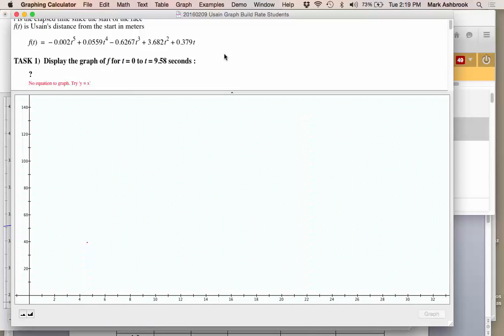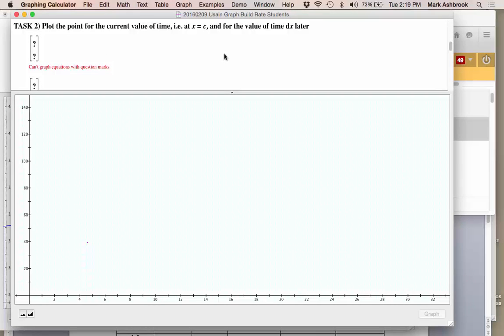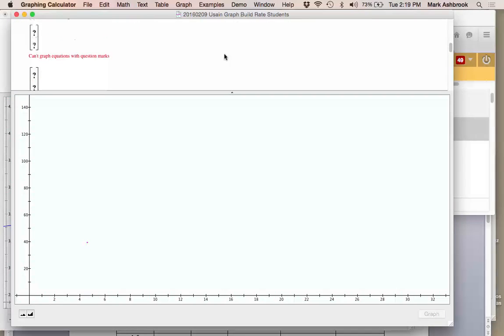Hopefully remember that. Task 2 is plot the 2 correspondence points, but generically for any c and any dx. We just talked through that, but now it's generically for any c and any dx. You're going to plot those 2 correspondence points. That's your second task.